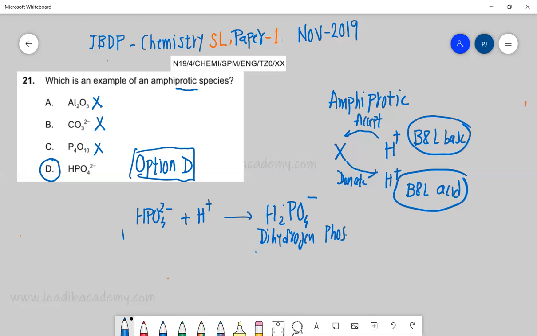In this case, hydrogen phosphate, because it has accepted a proton, is acting like a BNL base.